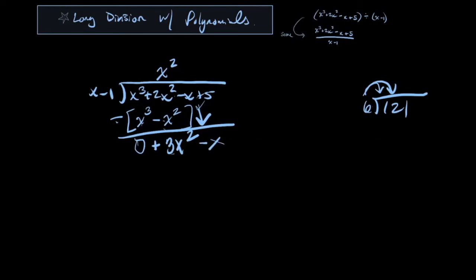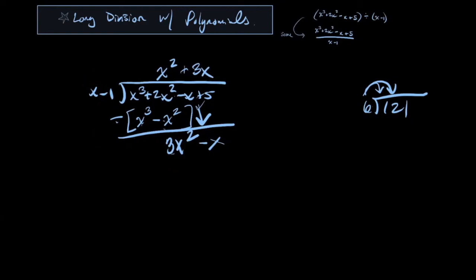So we want to know, what do we have to do to this x again to make it look like this, 3x squared? So we have to multiply by a 3, but we also have to multiply by an x. So that's 3x. You get rid of this 0 also.